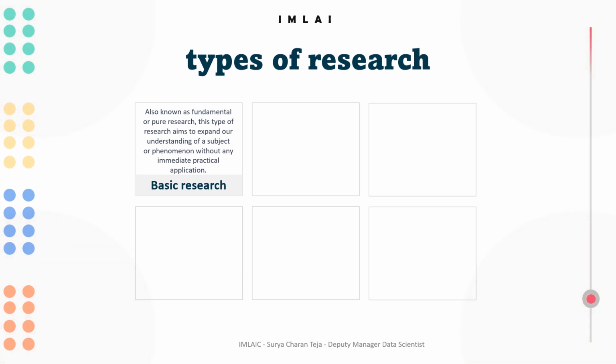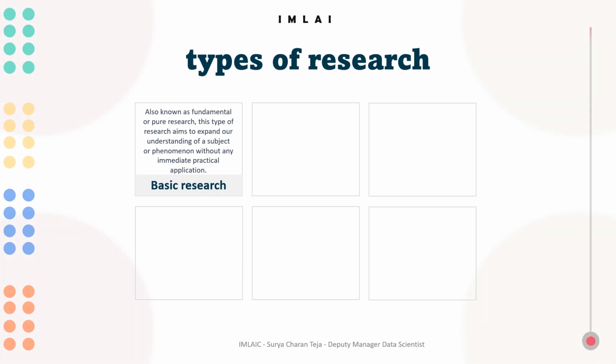Another example is an investigation into the properties of a new material with unique characteristics, aiming to advance the field of material science and potentially open up new applications. This is another example of basic research.